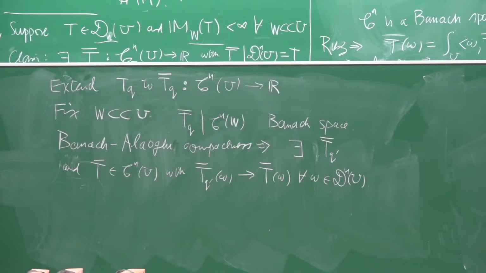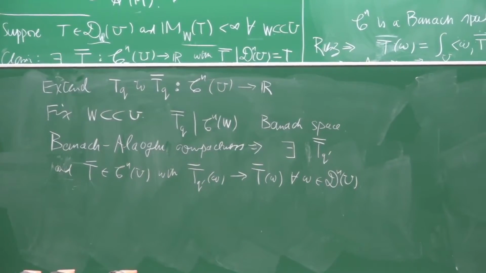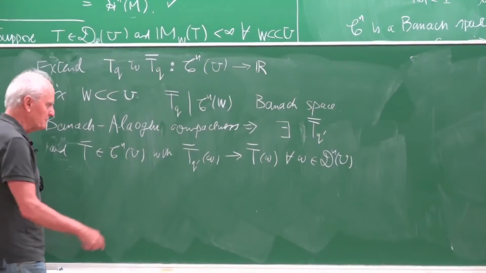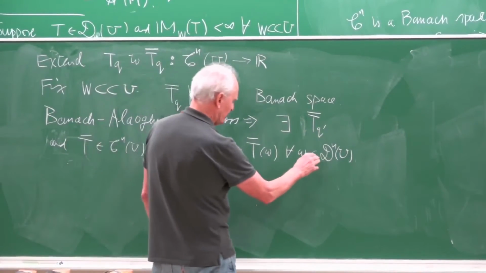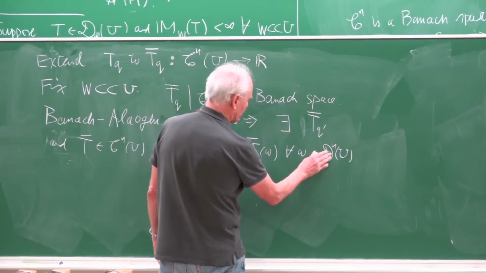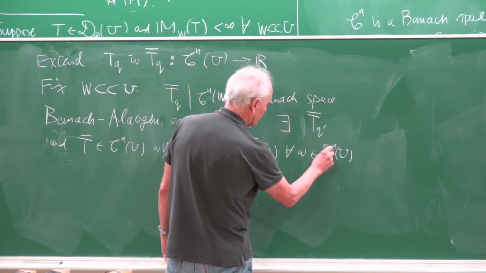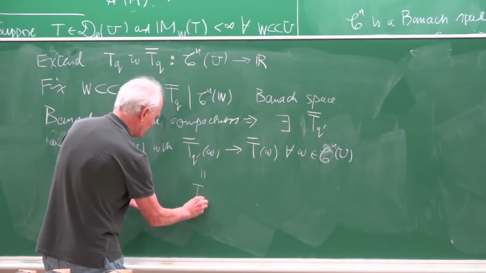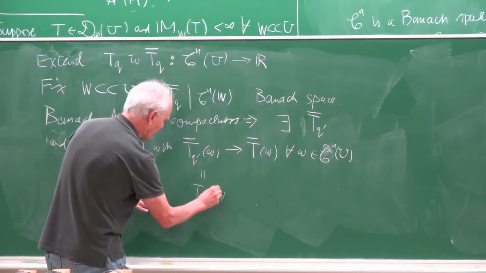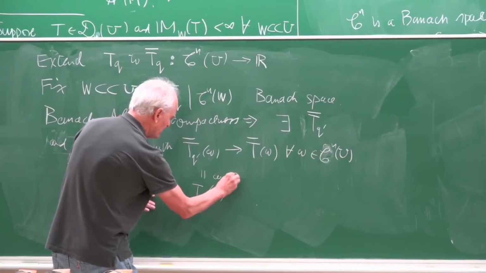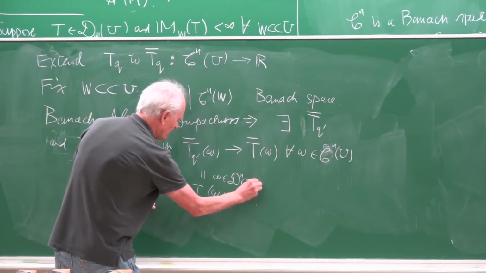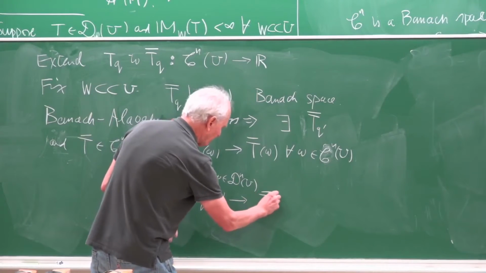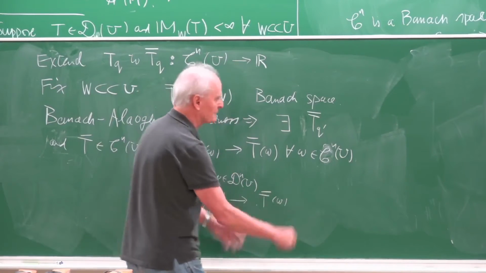Okay, so that's Banach-Alaoglu, a great theorem, of course, but very general. And once we've done this for every W in C^n(U) initially, of course, now we restrict. This is just T_q prime omega if omega is in D^n(U). Likewise, that converges to T bar omega. So that's it.